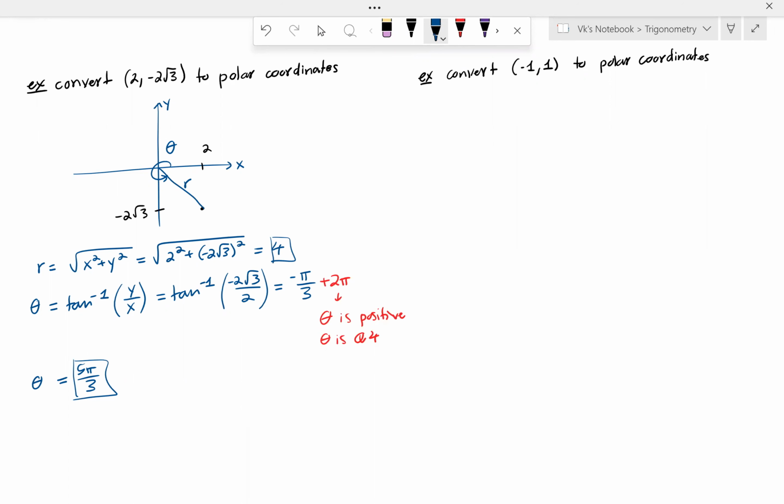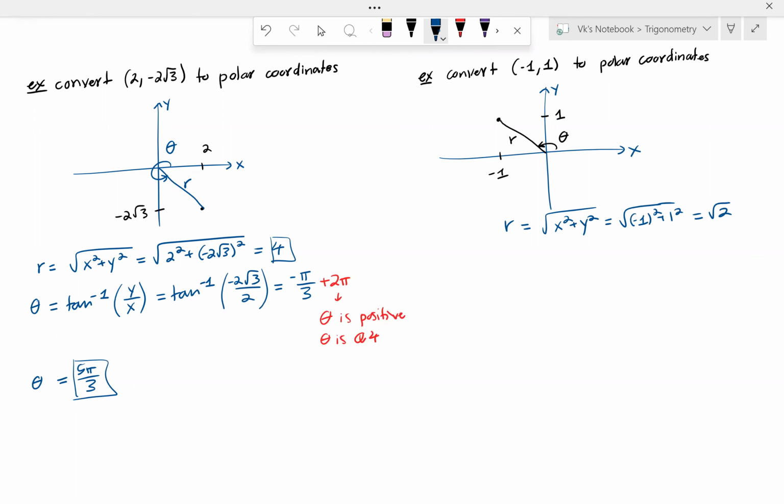Another example, convert (-1, 1) to polar coordinates. X, Y. -1, 1. So it's the radius, and that is the angle theta. The radius is the square root of x squared plus y squared, which is the square root of (-1) squared plus 1 squared, root 2.